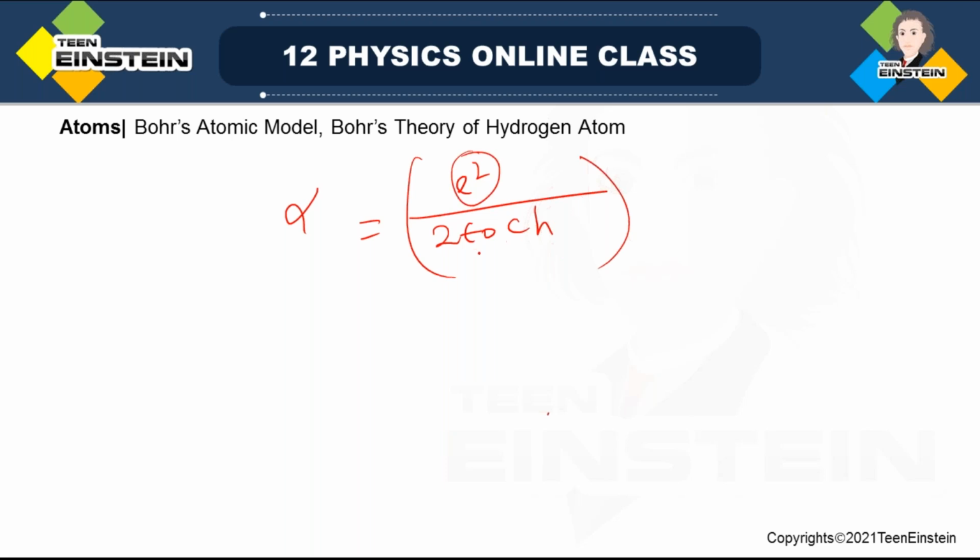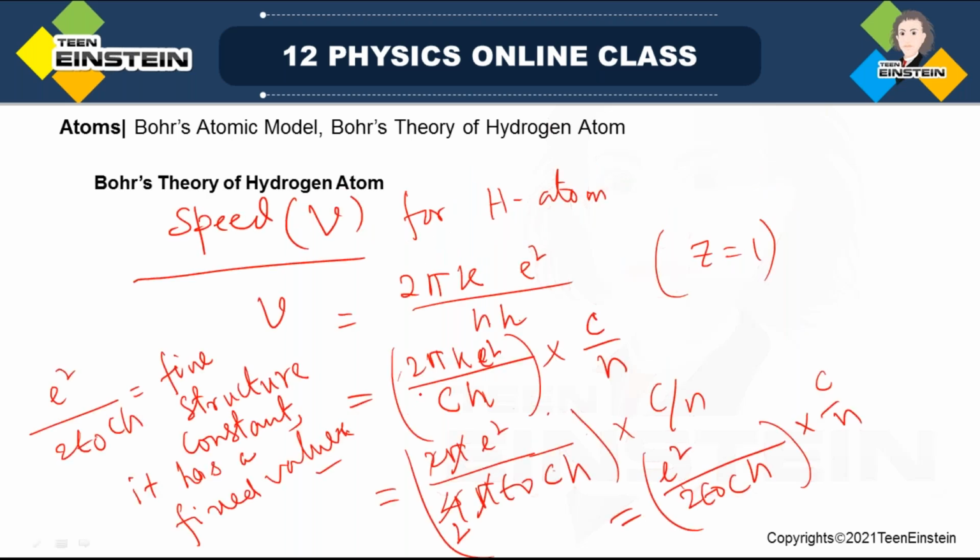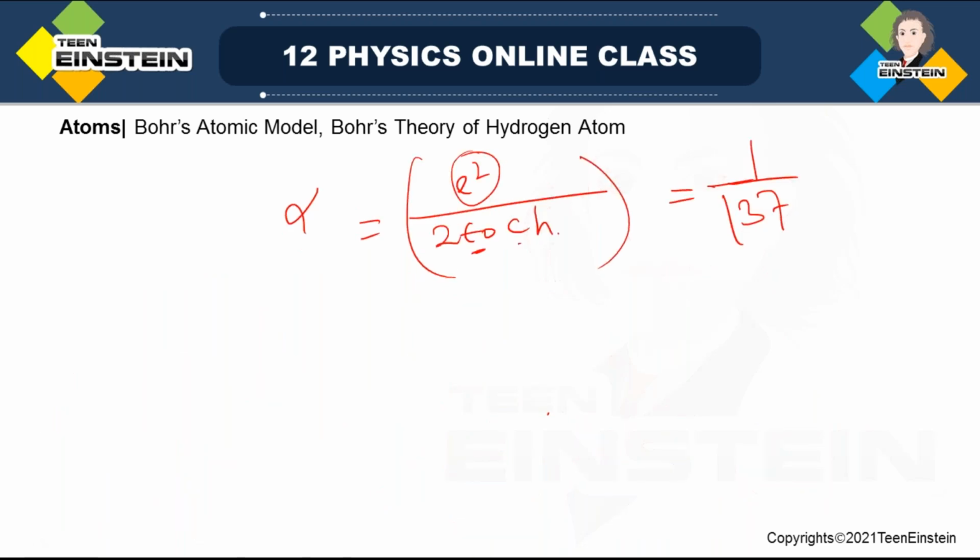If we put the value of e, the electronic charge, and h also, then what we get is 1 over 137. So if we know this value, we can write this speed v is equal to alpha into c by n.